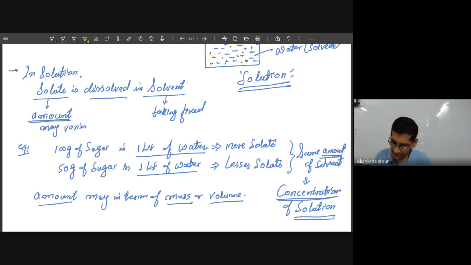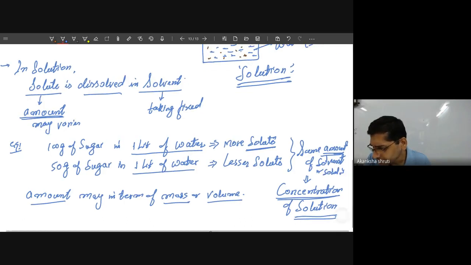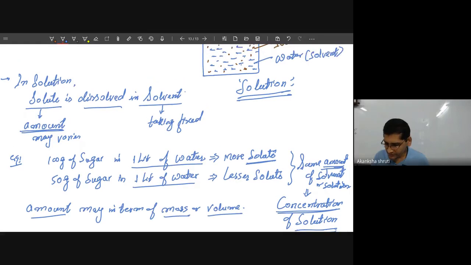Here we take the amount of solute in a given amount of solvent, or even the solution may be taken, which you will learn in more detail in higher standards. Right now, concentration simply means how much solute is dissolved in a given amount of solvent or solution.